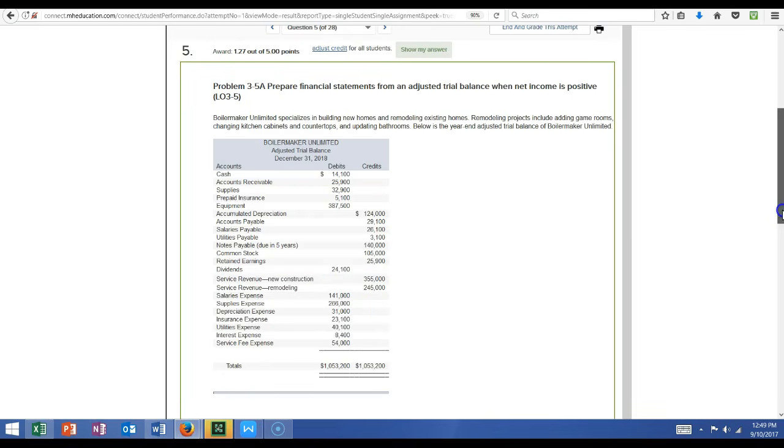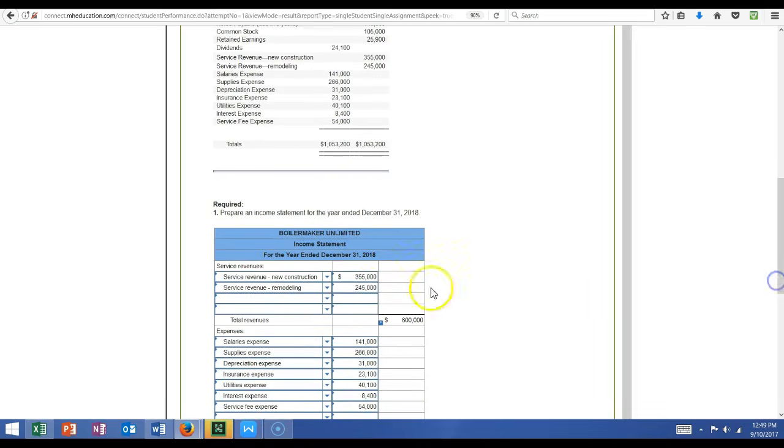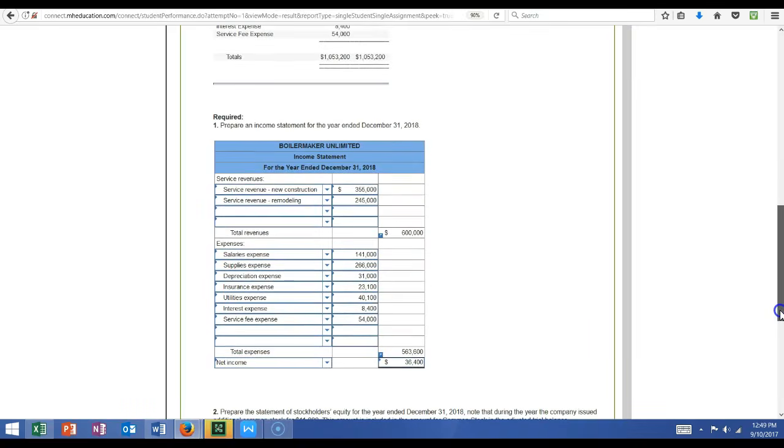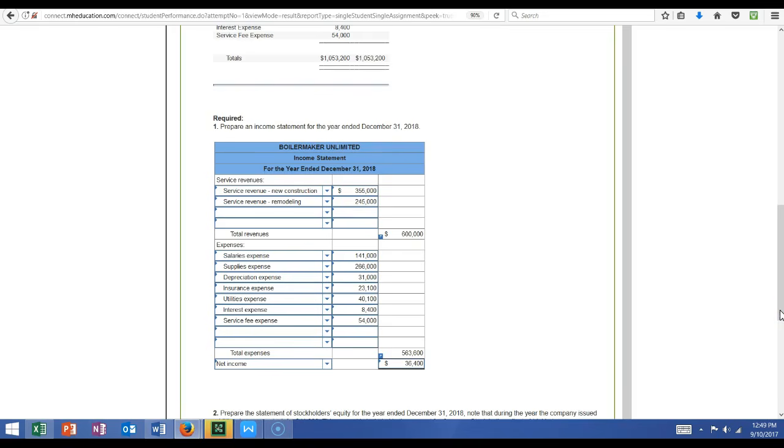If we move down here, we've got 2 revenues, new construction and remodeling, which gives us our total revenues. Then we take all of our expenses. We don't have to do anything goofy here. We just literally copy them from our trial balance. And we come up with net income here of $36,400.